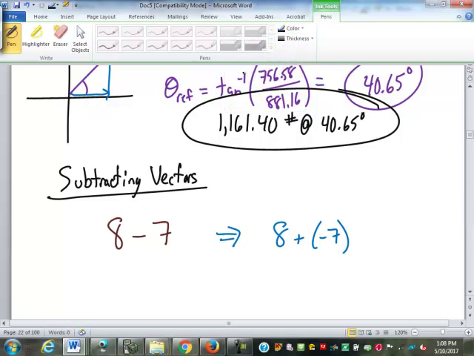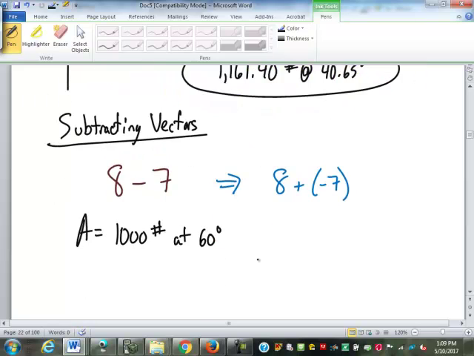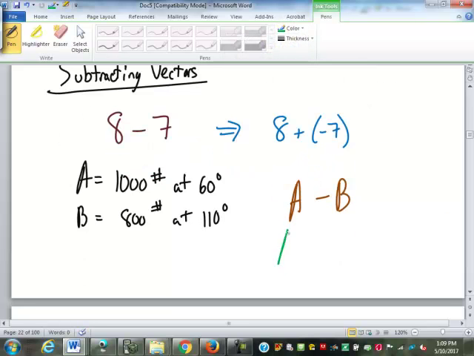So if I have two vectors, A, let's say A is 1,000 pounds at 60 degrees, and B is 800 pounds at 110 degrees. If I want to find A minus B, what I am going to do is find A plus the opposite of B.